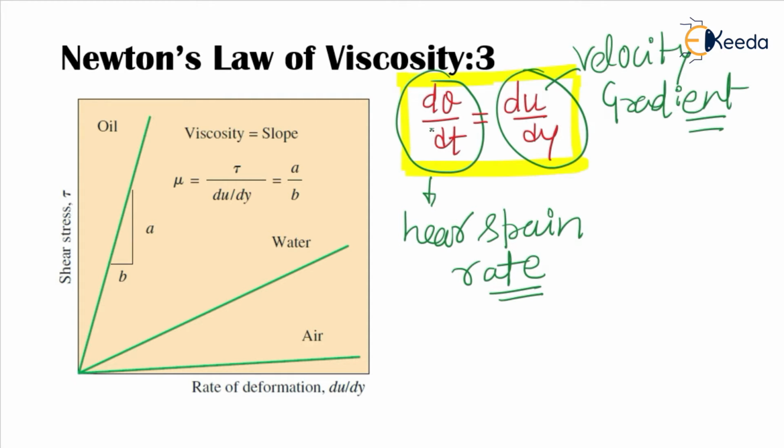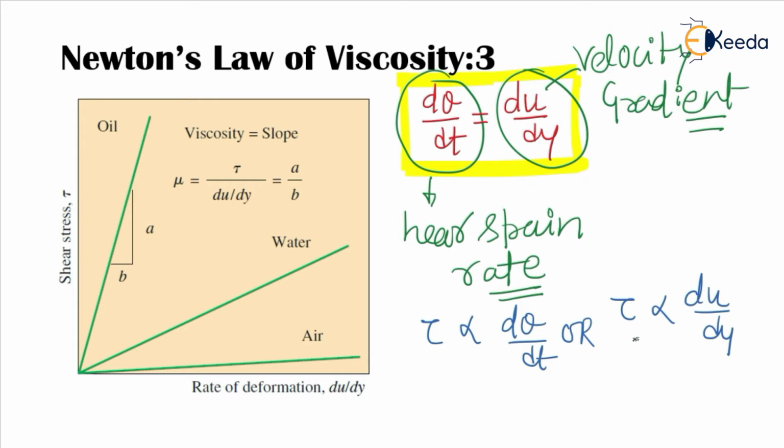Now, coming back to Newton's law of viscosity. As per Newton's law, he said that tau, the value of shear stress, is directly proportional to this d theta by dt, or tau is directly proportional to, now this d theta by dt we can replace with du over dy.